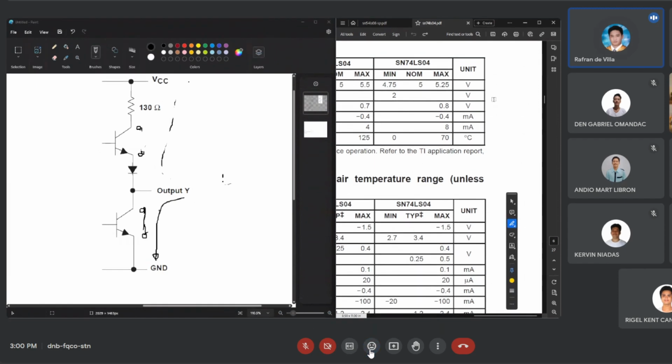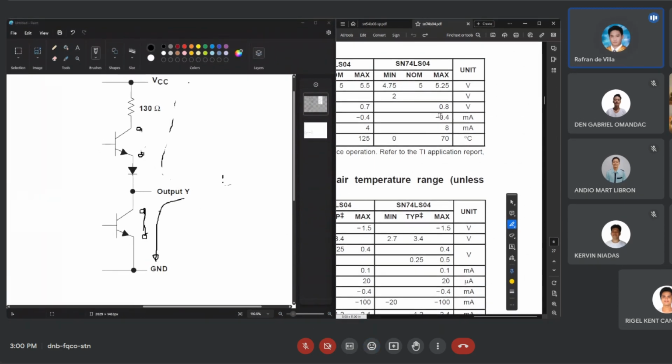Okay? So what's important here, guys, is this resistor. Every time your gate generates a high output, the current has to pass through this 130 ohm resistor. And of course, the diode, what is the diode for?